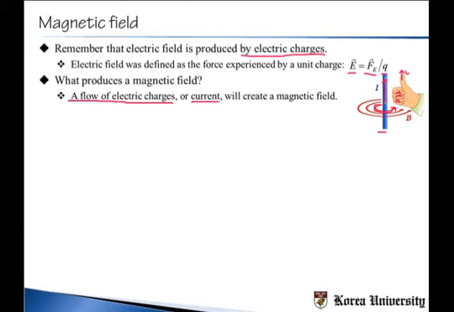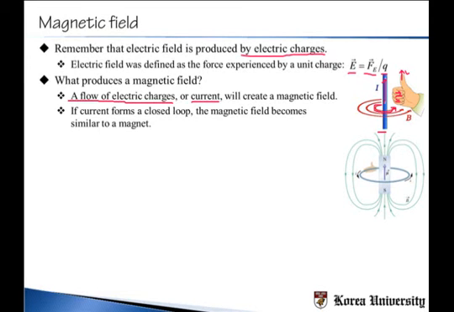And if you take this wire and bend it to make a loop like shown here, suppose the current is still flowing along the loop in this direction. If you look at it from the top, it will be counterclockwise. Again, the magnetic field will appear around this current. Take a look at this side.